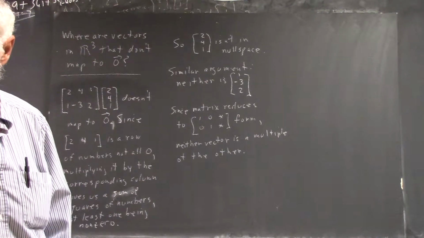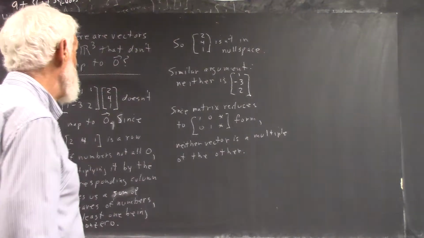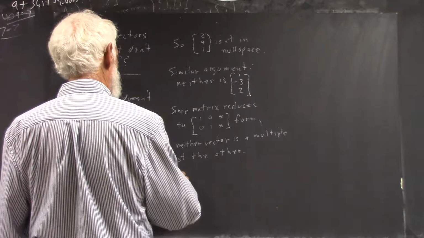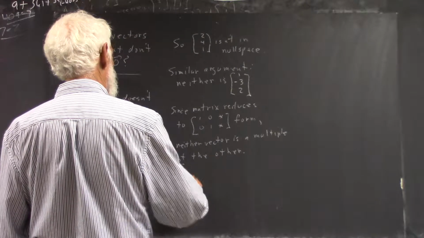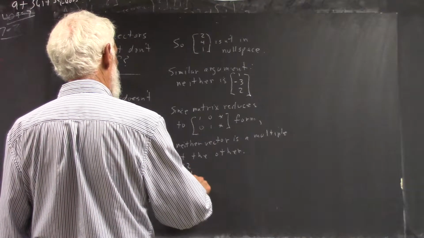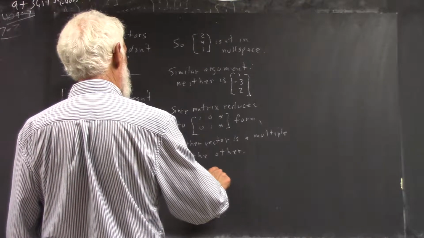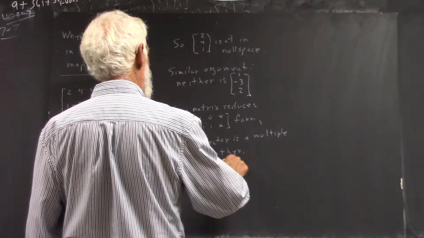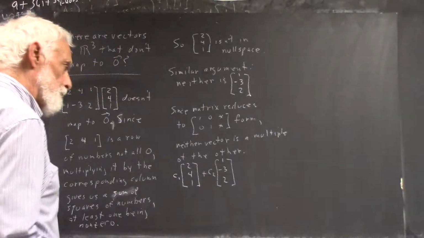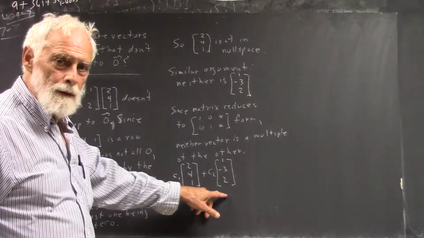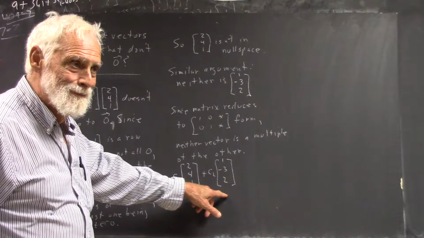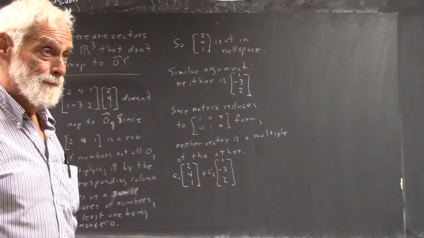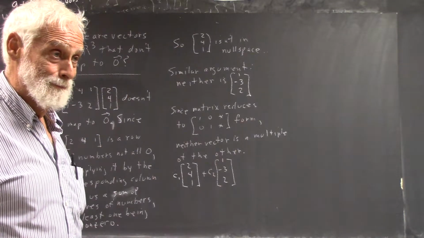Also, any sum of multiples of these vectors can't be in the null space.